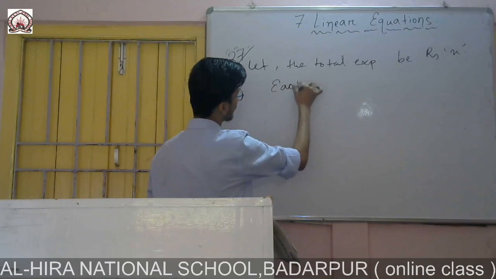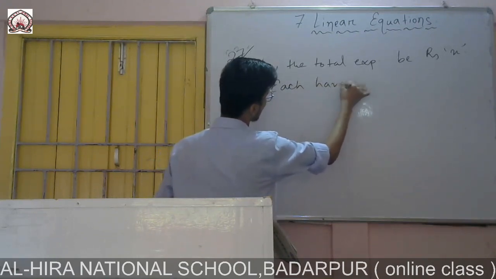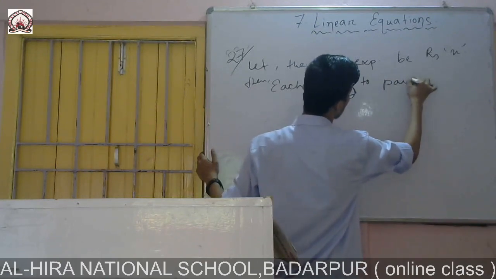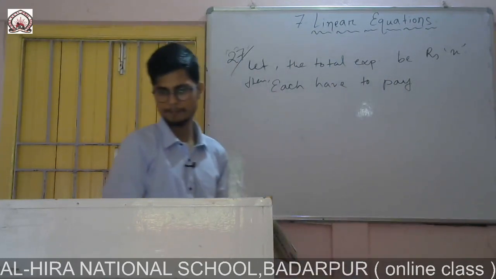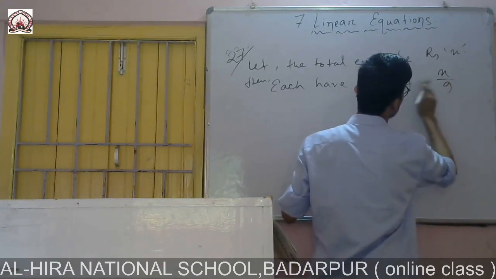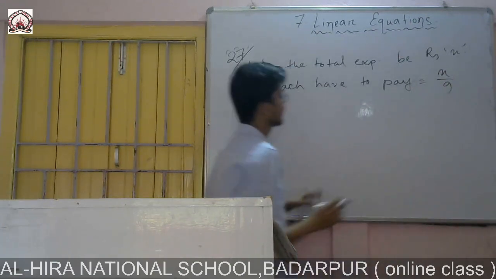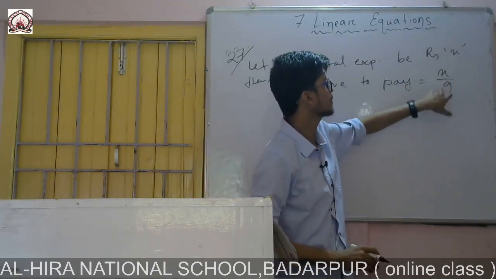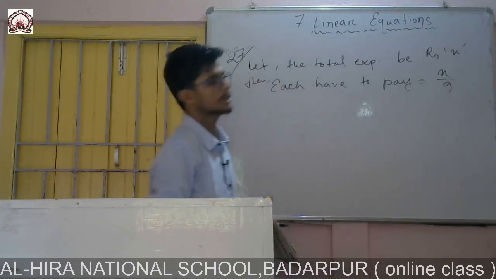Then each of them has to pay, so each of them paid x by 9. This was their average. The total amount was x rupees, and each of them has to pay x by 9.